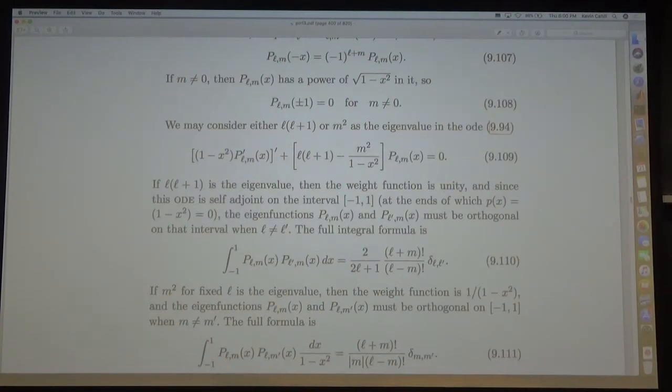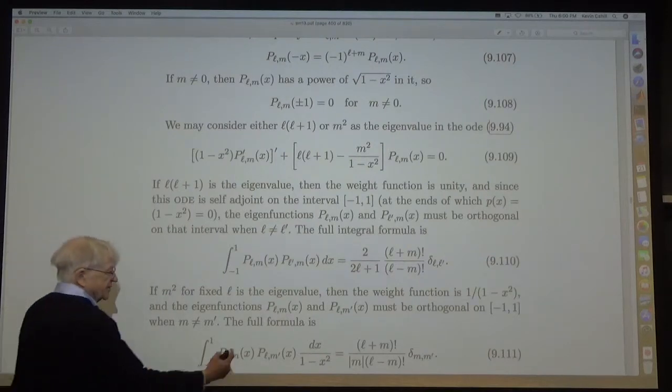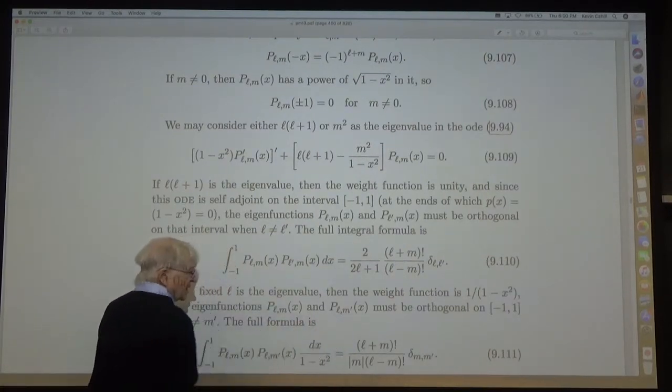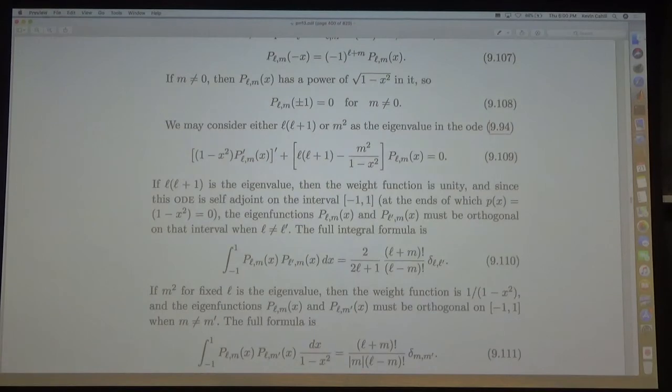On the other hand, you can also say, well, let's regard L as a parameter and M as the eigenvalue. So if we let M squared be the eigenvalue, then the weight function is 1 over 1 minus x squared. The eigenfunctions then are orthogonal for different values of M for fixed L. And they're orthogonal again on this interval minus 1 to 1.